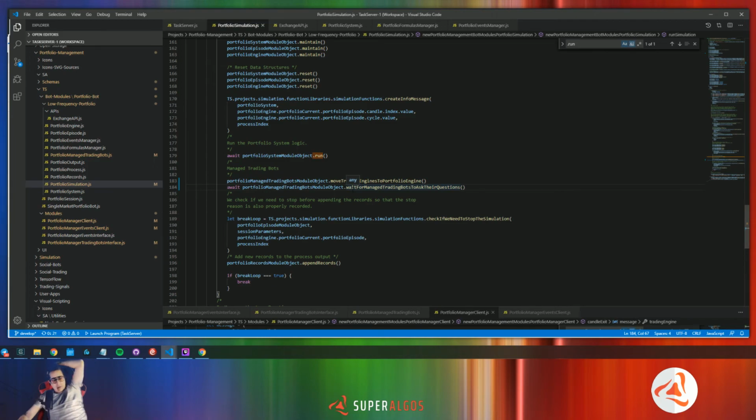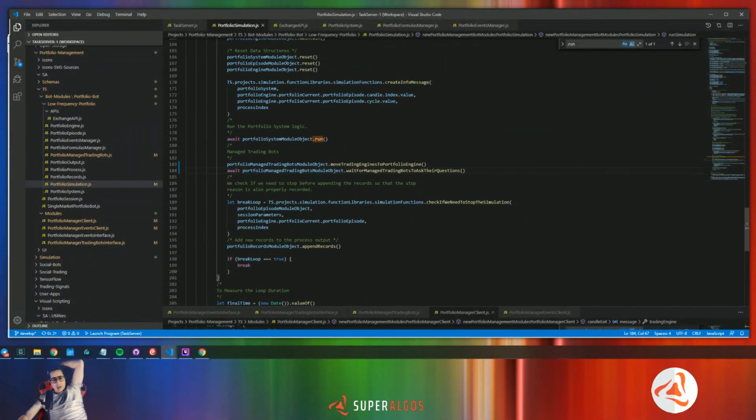The problem is that if we are running live, all the information is going to get lost because we are going to make another cycle, another loop.